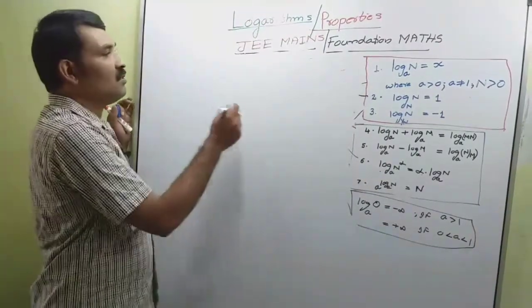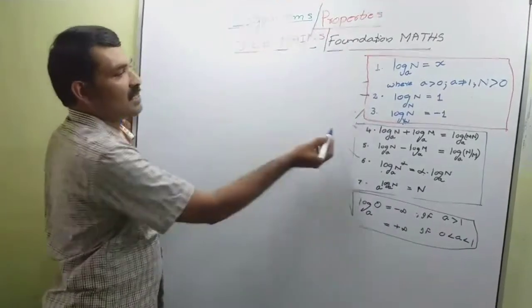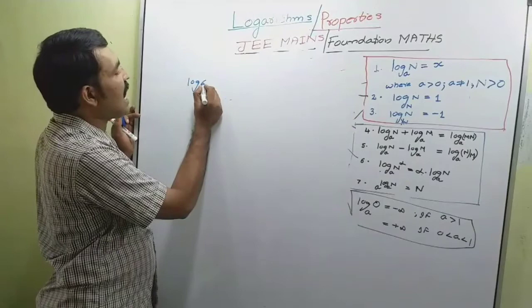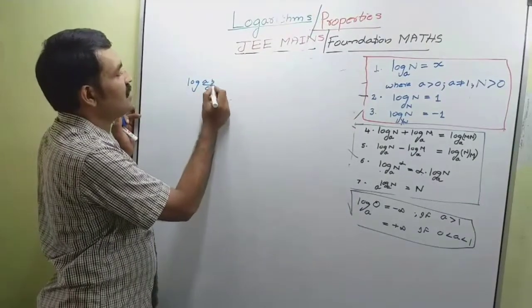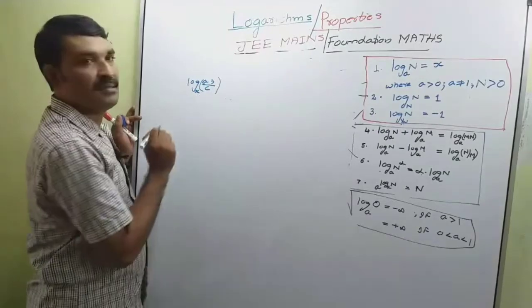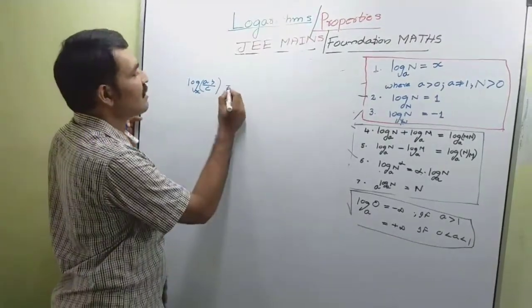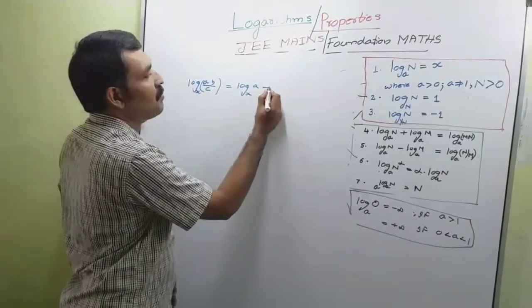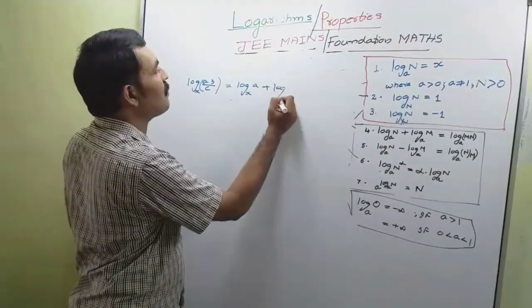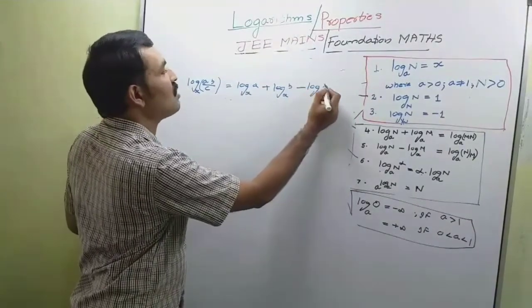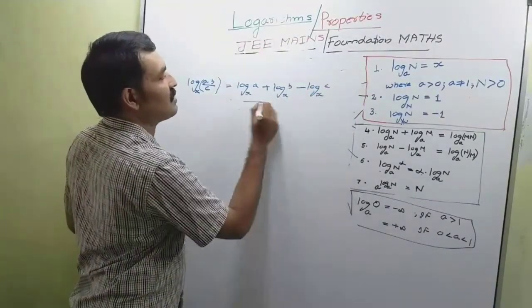Now, using these properties 4 and 5, what is log of a into b by c to some base x? So, we can write this as log a to the base x plus log b to the base x minus log c to the base x.